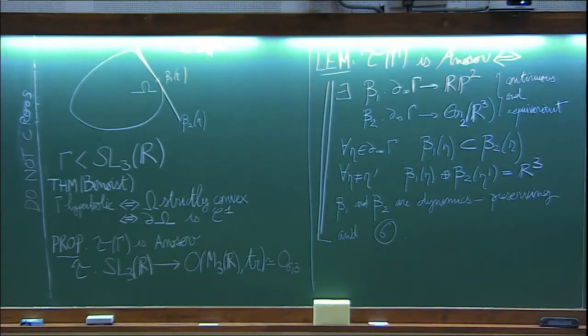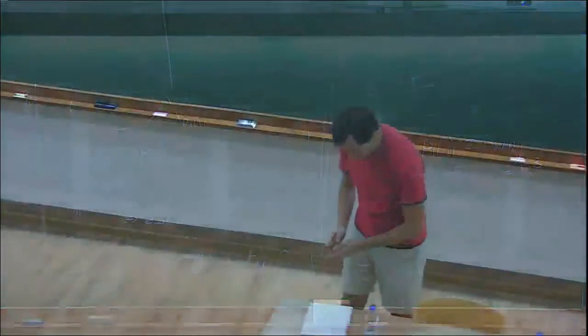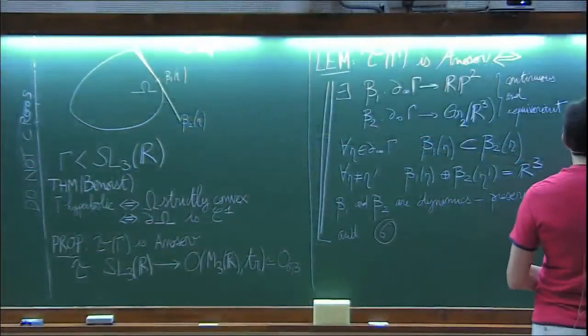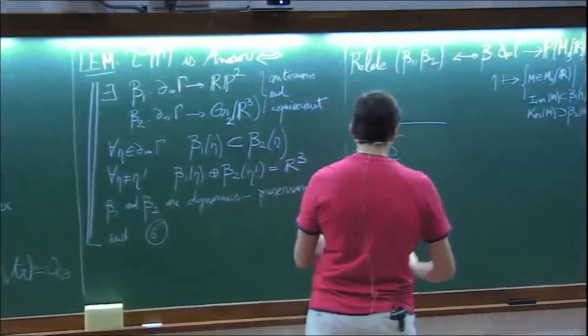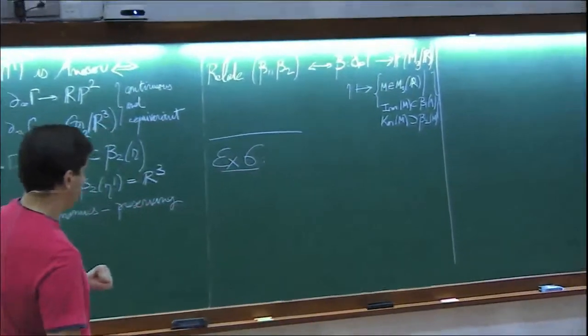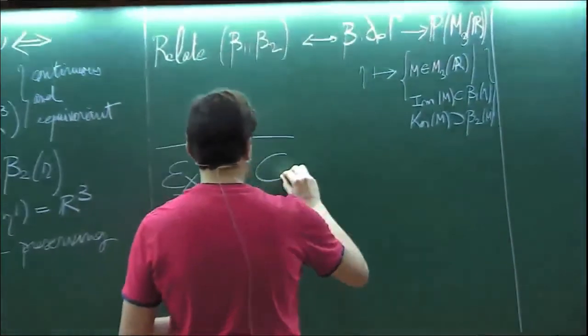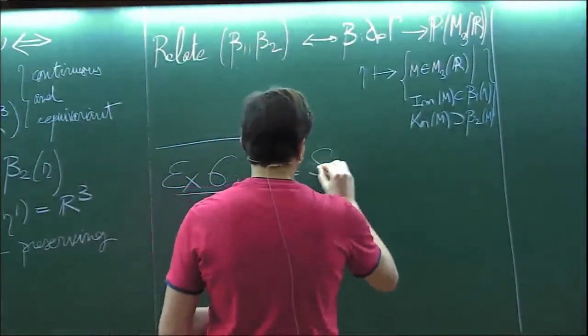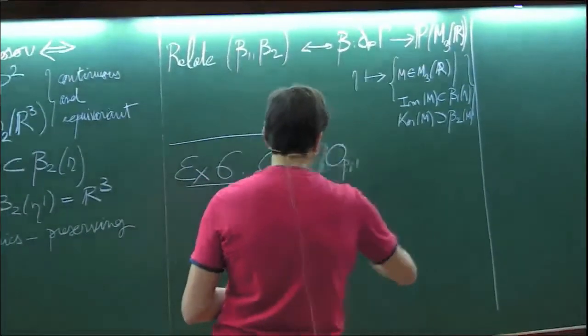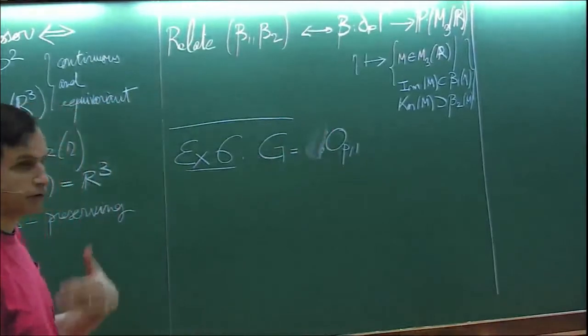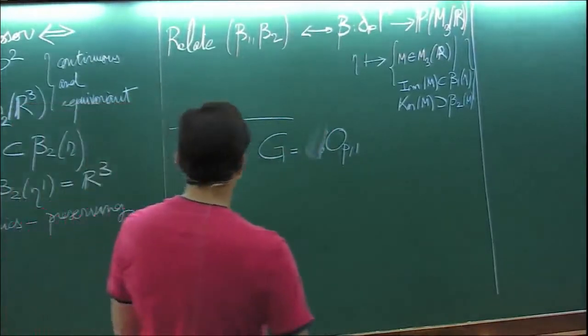So I would like to give two more examples and then go to geometric properties of Anosov representations. So the next example is related to François Guéritaud's first talk. So I take G, which is O(n,1), the orthogonal group, or the isometry group of hyperbolic space.